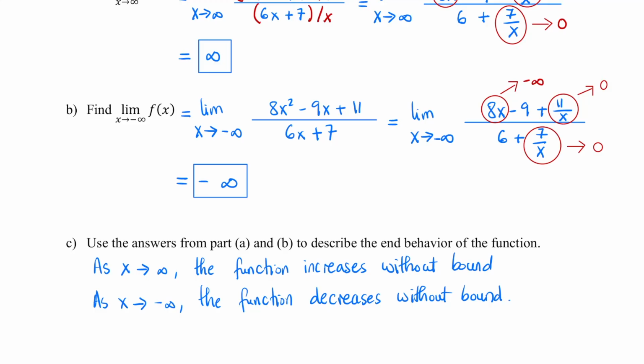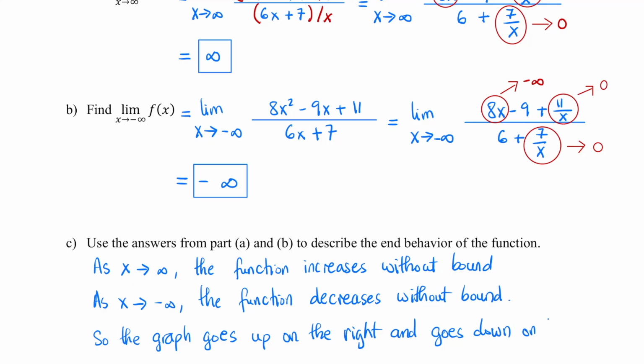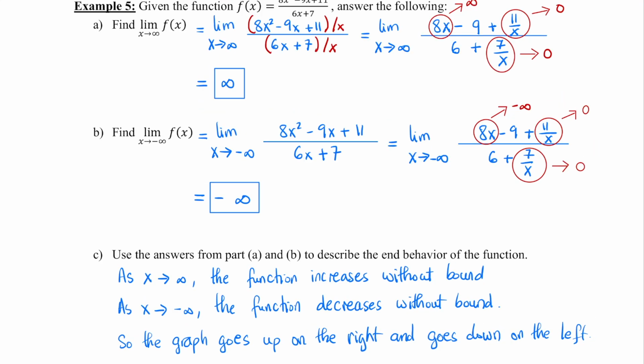So the graph goes up on the right and goes down on the left. So remember, when both numerator and denominator go to infinity, even if one is negative, we treat it as infinity over infinity and use the same strategy. Divide everything by the highest power of x in the denominator.